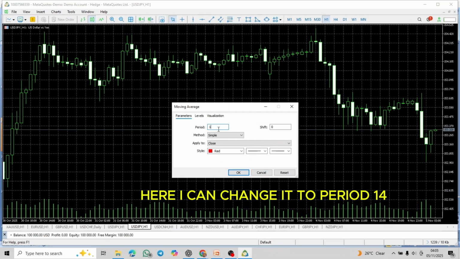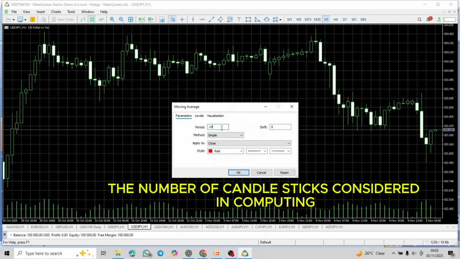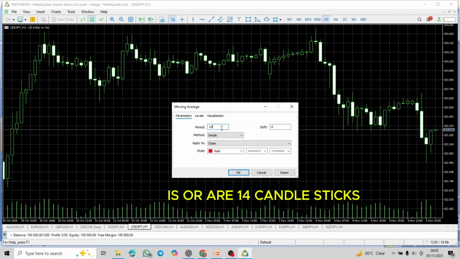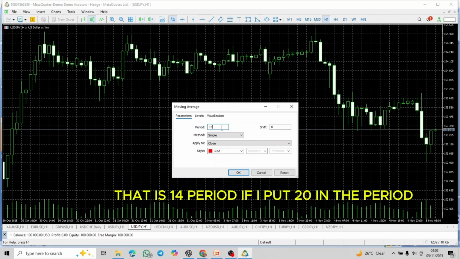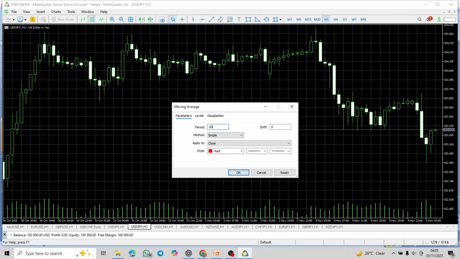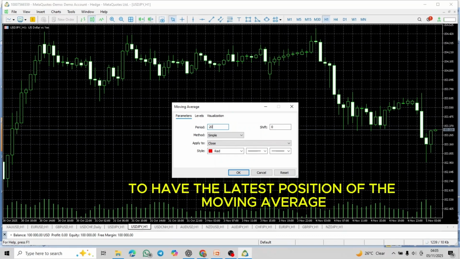I can change it to period 14, and that means that the number of candlesticks considered in computing the moving average I'm going to see on the chart are 14 candlesticks. If I put 20 in the period, that means 20 candlesticks are considered. The most recent 20 candlesticks are computed to have the latest position of the moving average.